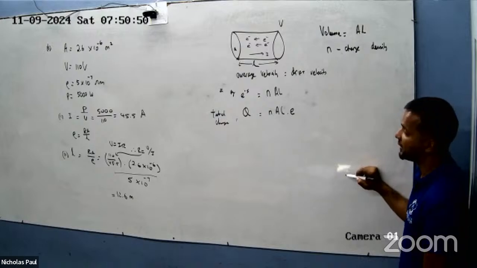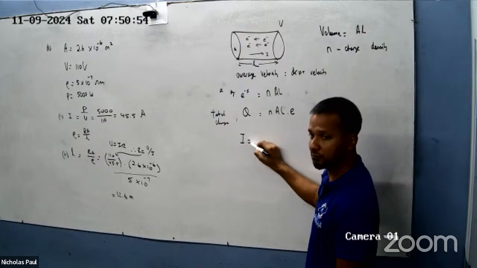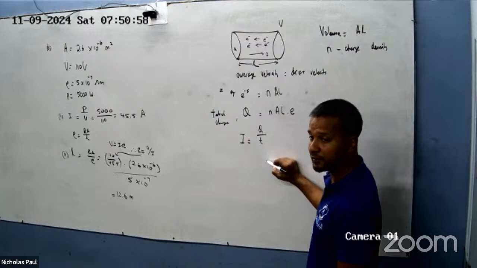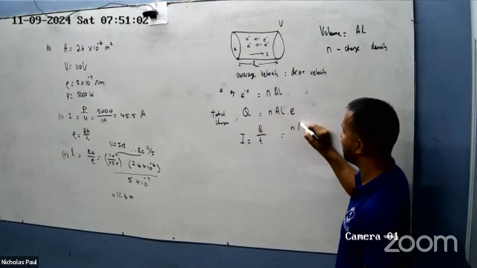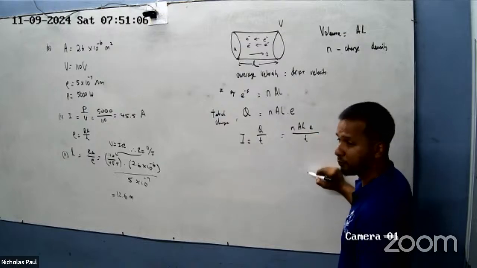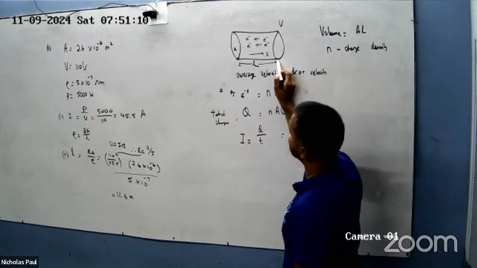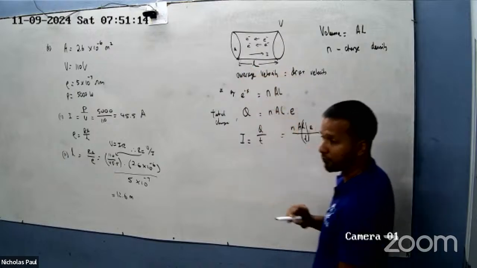We could use this now to get current. Current is charge over time, right? So if I plug in the overall charge, I'll get nALe all over time. And L over time is the average velocity that these electrons will take to go from here to here.